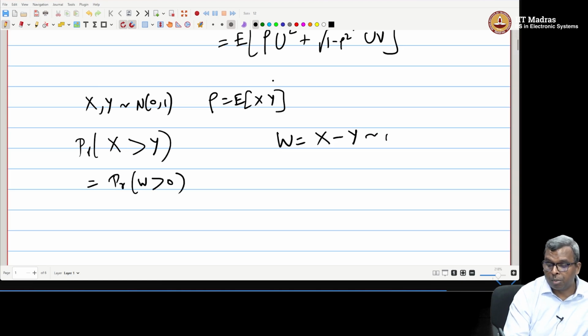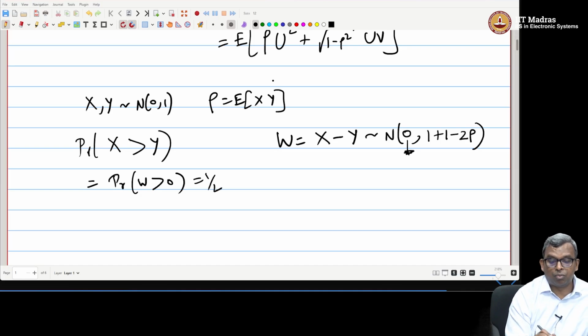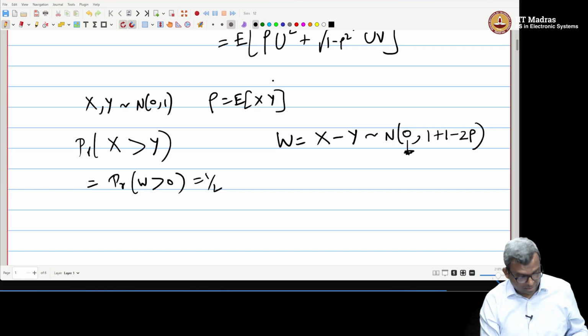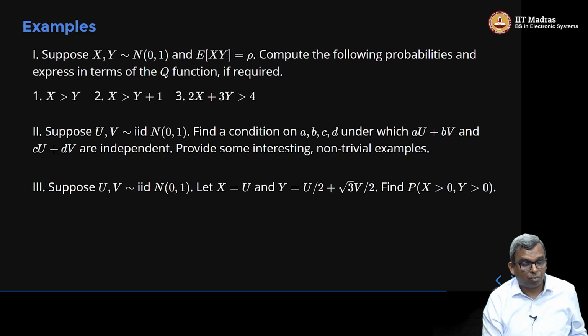Now, W is normal, the mean is 0 and the variance is 1 plus 1 minus 2 rho, isn't it? That is the variance, but it does not matter, mean 0 implies this is just half. So whatever the correlation is, the probability X greater than Y is a half.